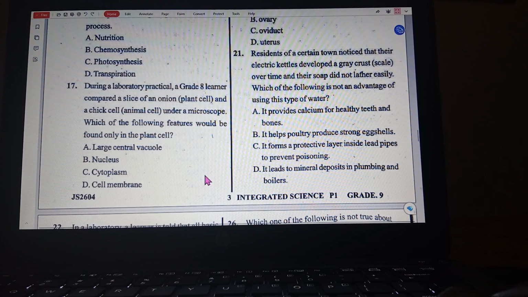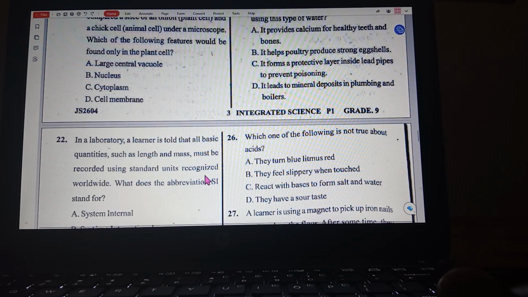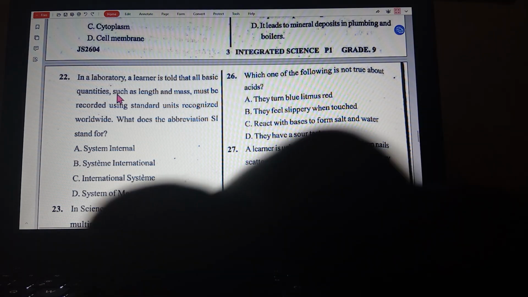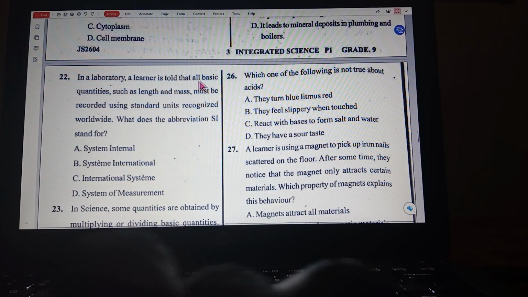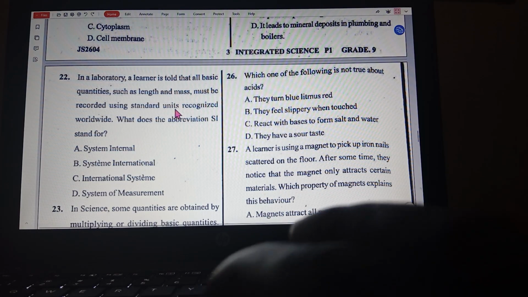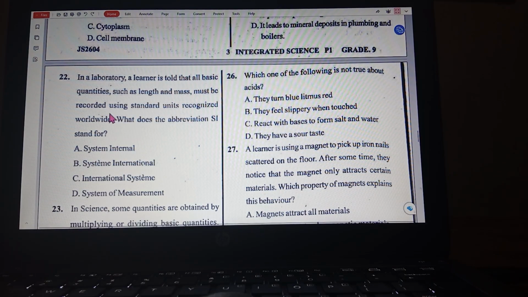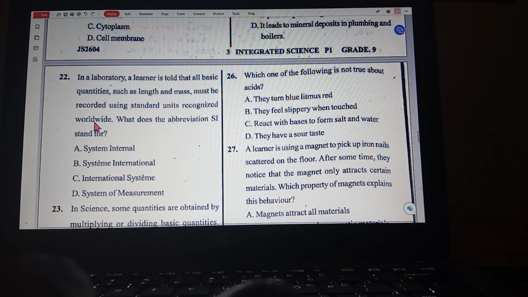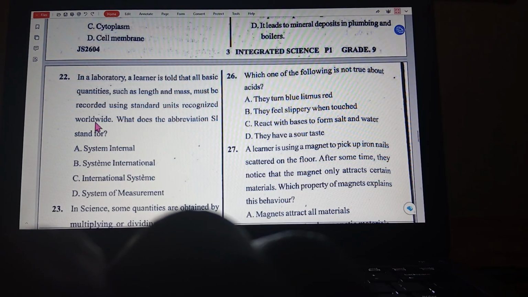Right. Let's move to question 22. In a laboratory, a learner is told that all basic quantities such as length and mass must be recorded using standard units, recognized worldwide.